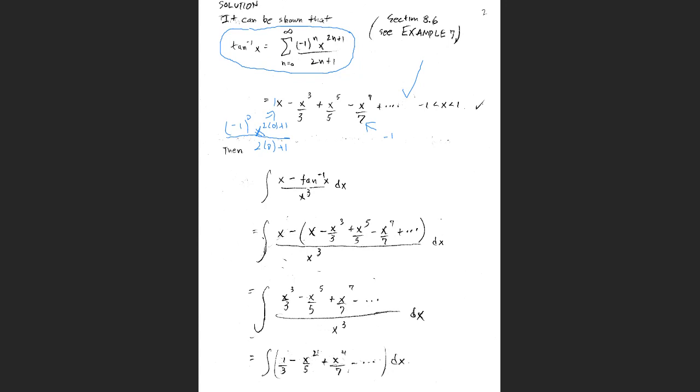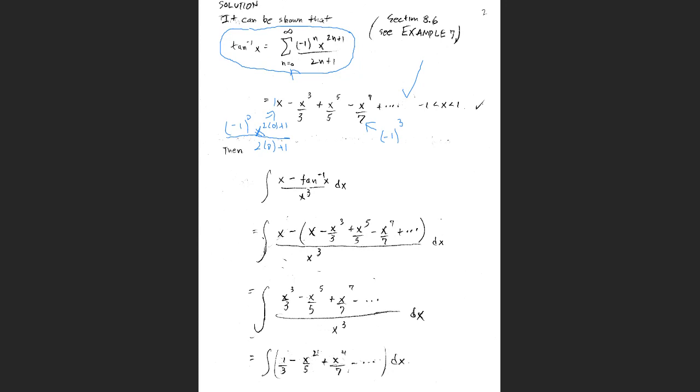The fourth term would be -1 to the third power, because we're starting at n equals 0. So n equals 0, n equals 1, n equals 2, n equals 3. The fourth term is with n equals 3.